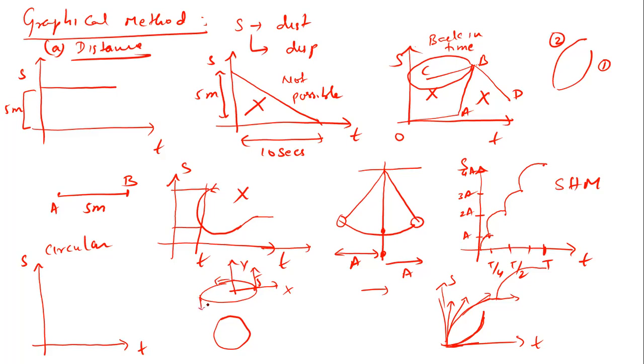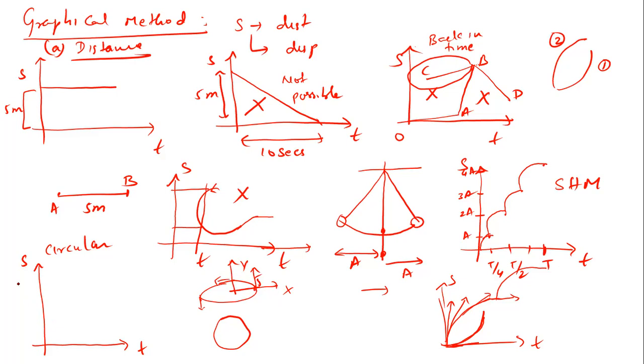Everywhere it is 5 meters per second only, right? Yes. So the speed is a constant, not velocity. Speed is a constant with respect to time. So somewhere it should be a straight line. Yes. Okay, and then distance.